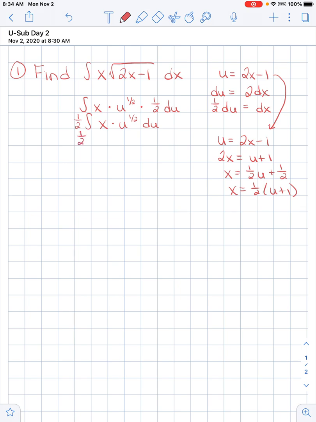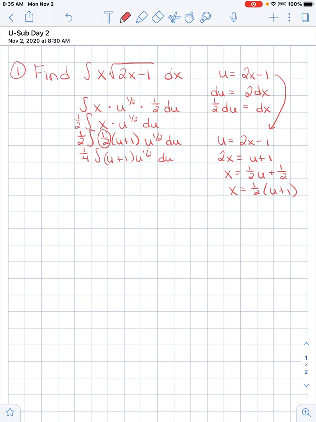So if I rewrite this here, then I've got 1/2, and then I have 1/2 u plus 1, u to the 1/2 du. You can pull that 1/2 out as well with the other 1/2. So if I pull out this 1/2, since it's just a coefficient, I'll make this 1/4. And now I've got u plus 1 times u to the 1/2 du.